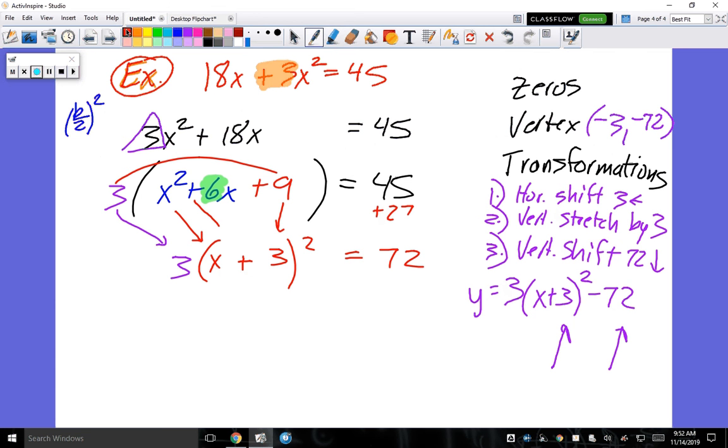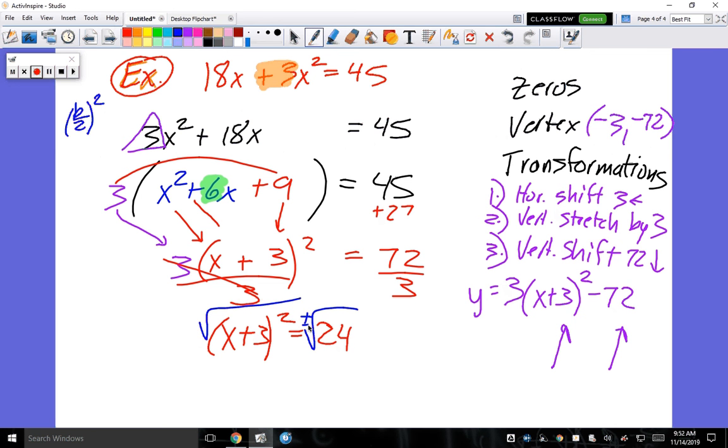The zeros, when I divide by 3, that cancels to 1. Is going to be what? 24. Right? So now I'm going to square root both sides, which should give me a plus or minus square root of 24. Real quick, 24 is what? 4 and 6.